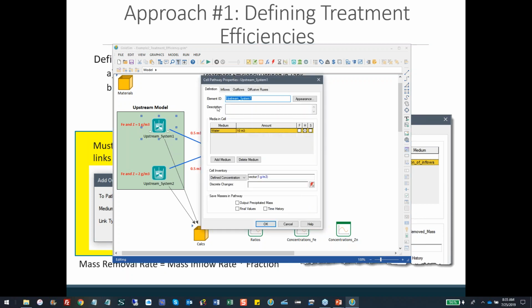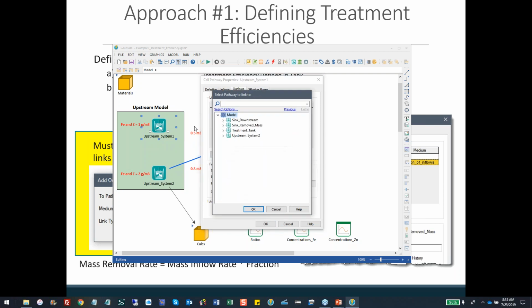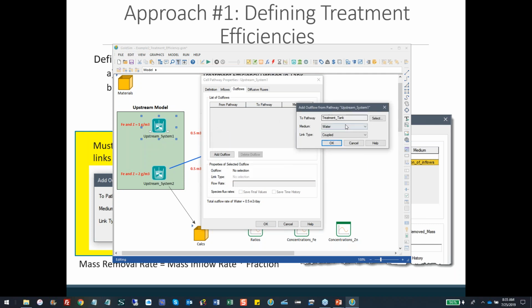If I look at this upstream system, I have an outflow from upstream system 1 that goes into the treatment tank at a rate of 0.5 cubic meters per day. So I'm going to delete that and recreate it. I'm going to say I have outflow, upstream system 1 goes into the treatment tank. By default, it says, what are you going to do? I want to move water. By default, it's going to be a coupled link.